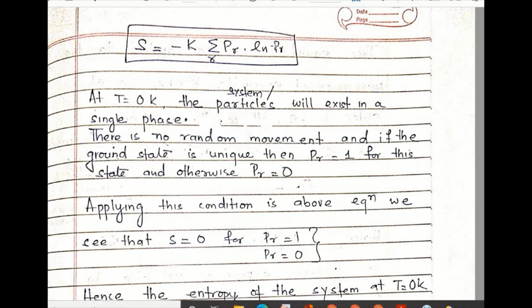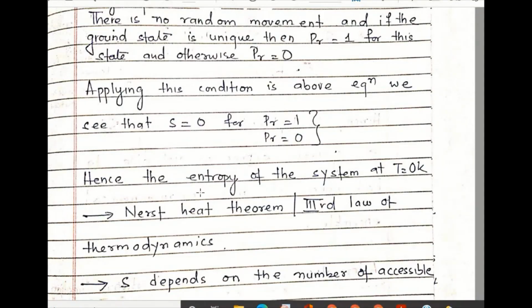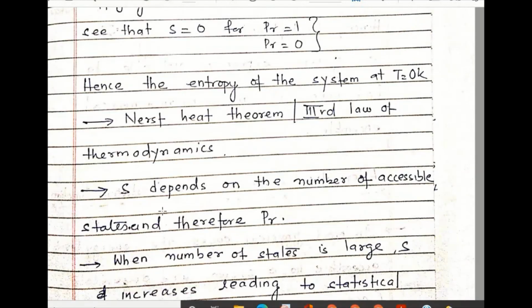So if you put Pr equal to 1 for the ground state and Pr equal to 0 for other states, entropy is 0, which is nothing but our third law of thermodynamics, which says the entropy of a system at 0 Kelvin is 0. It defines the Nernst heat theorem, or the third law of thermodynamics. Entropy depends on the number of accessible states and therefore on Pr.